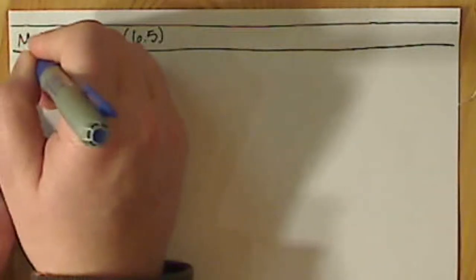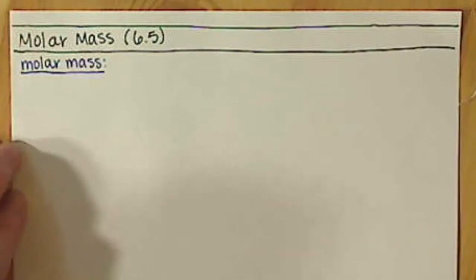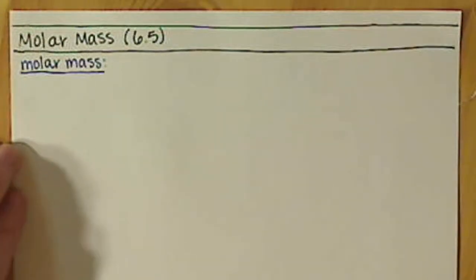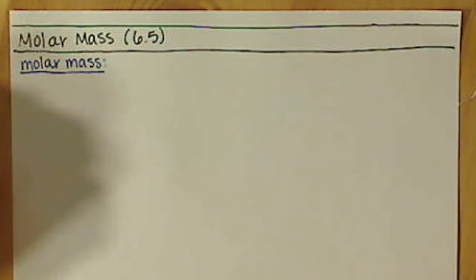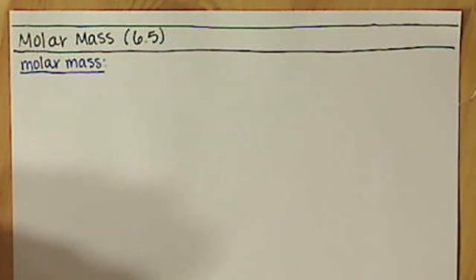So let's define it. When we had atoms or molecules, basically we were looking at 1 mole, how many atoms were in 1 mole, or how many molecules were in 1 mole.